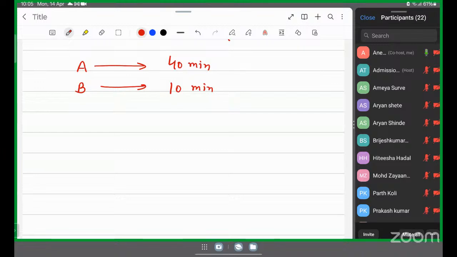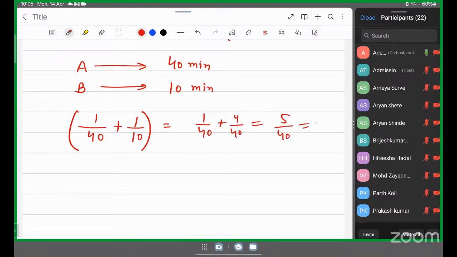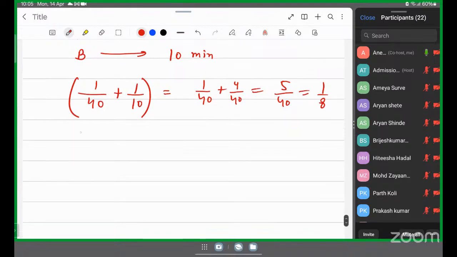Part of the tank emptied by A in 1 minute is 1 by 40, plus part emptied by pipe B is 1 by 10. Together this will be 1 by 40 plus 4 by 40, that is 5 by 40, that is 1 by 8.